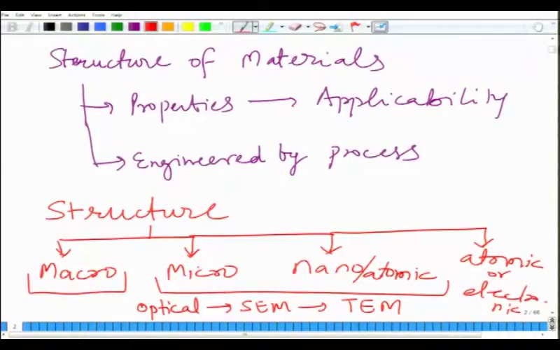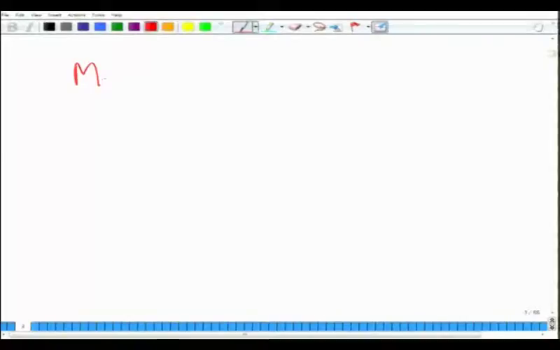Now, why is the structure of materials important? As I said, it is from the processing and properties point of view, the tetrahedron, because structure is intricately related to properties, to process and to the application. So, earlier we classified materials in 4 categories. The first category was metals and alloys.